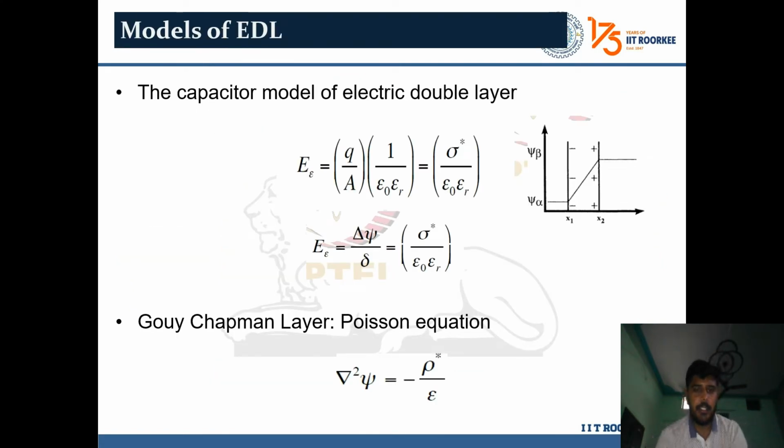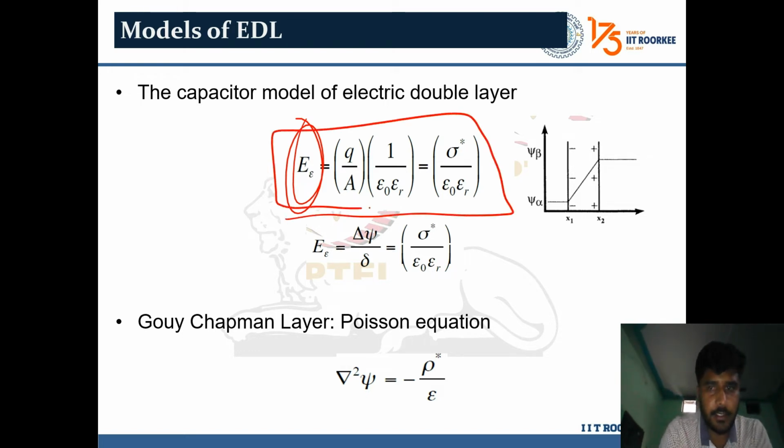The next important thing in this particular course is the different models that explain the electrical double layer. First is the capacitor model of the electrical double layer. What it says is, if you want to calculate the electric field strength, that is E epsilon, you will get this term.